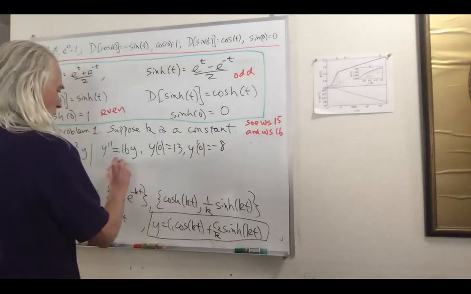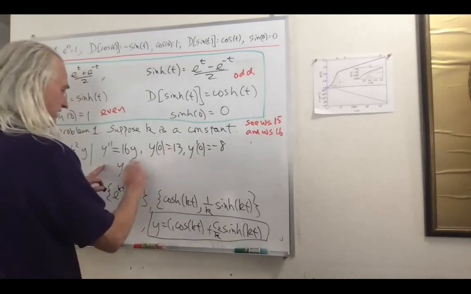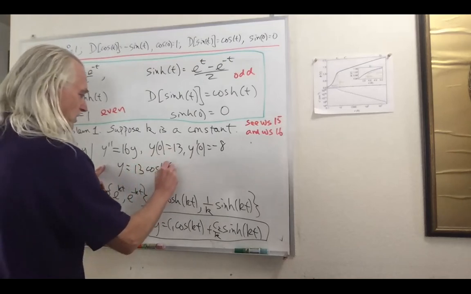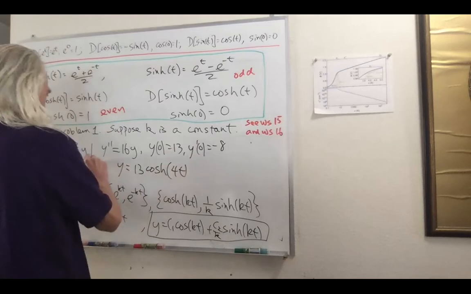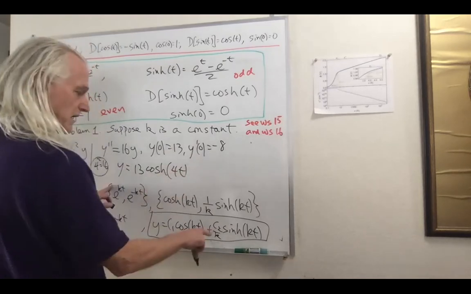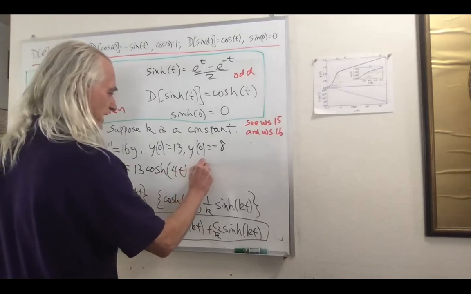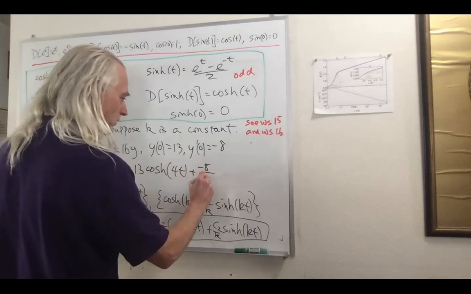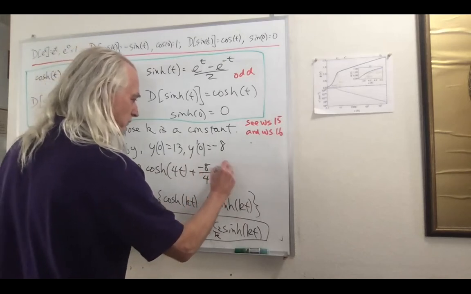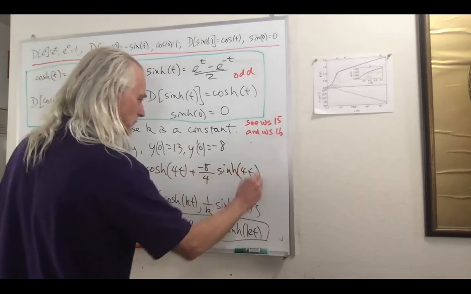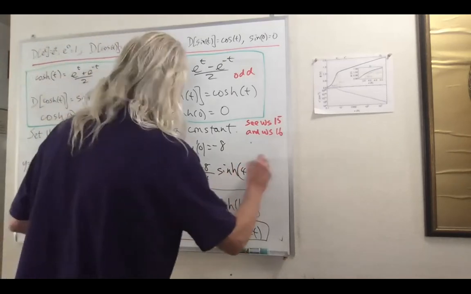I get y is 13 times cosh of 4t, because 4 squared is 16. And then plus negative 8 over k, which is 4, times sinh of 4t.